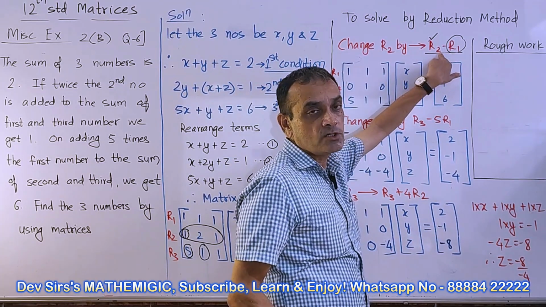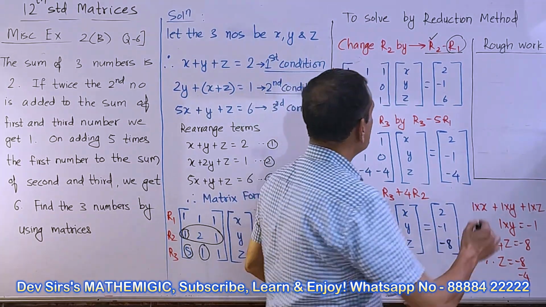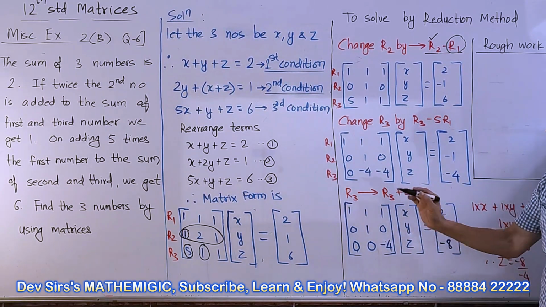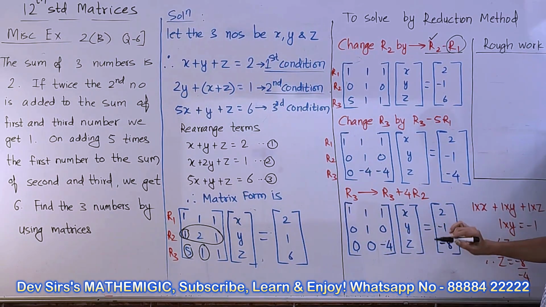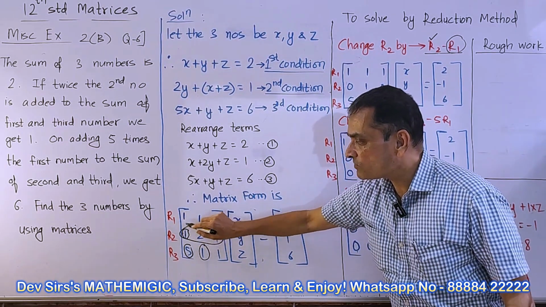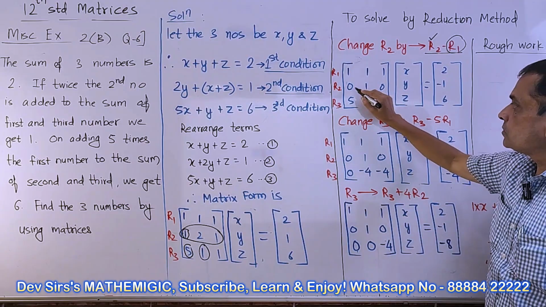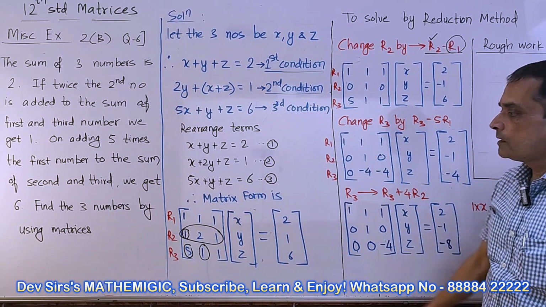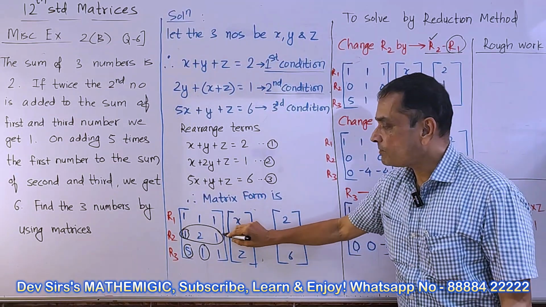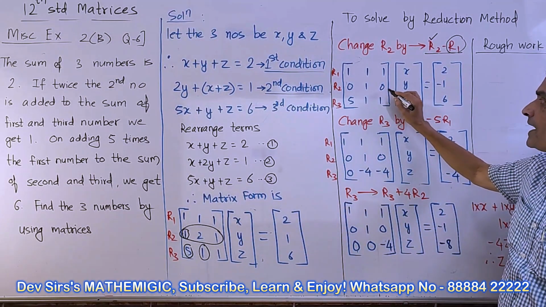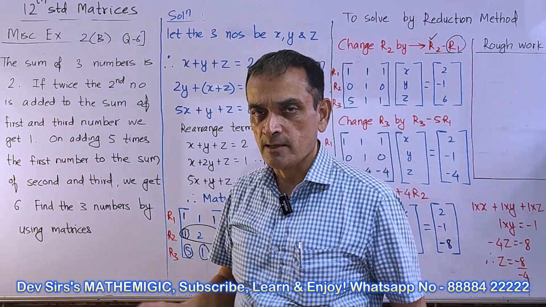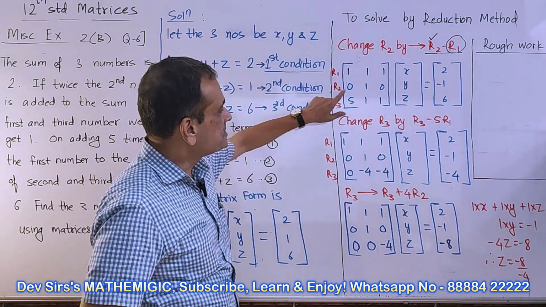ये लिखने के बाद ये चेंज करो, because R2 minus R1 is in the first position, so R2 is going to change. कैसा चेंज हो गया? By this operation, R2 minus R1. तो यहां से करना है R2 minus R1. 1 minus 1 is 0, okay, 2 minus 1 is 1, 1 minus 1 is 0. ये एडिशनल 0 आ गया, ठीक है, कोई प्रॉब्लम नहीं, अच्छा है, जितना जीरो आएगा उतना अच्छा है, राइट। So 0 1 0.